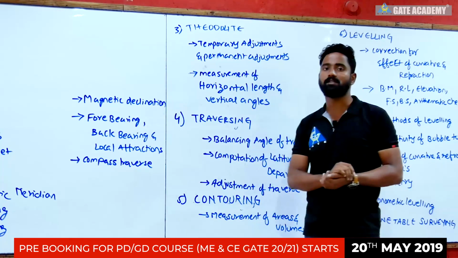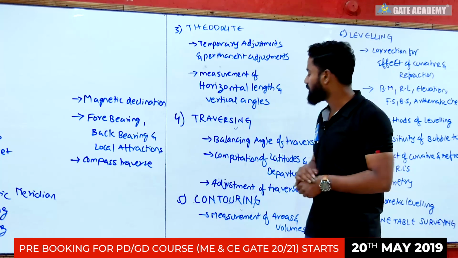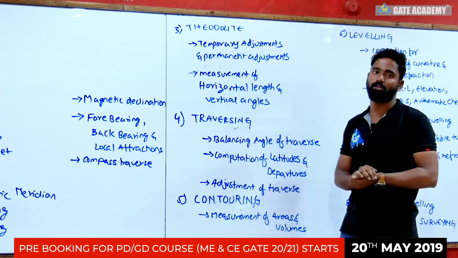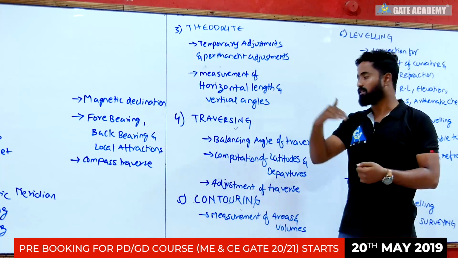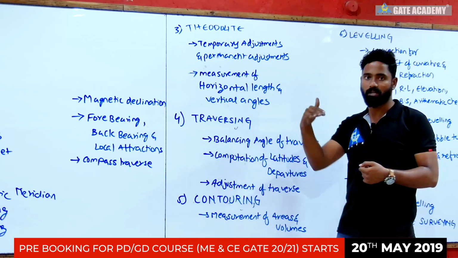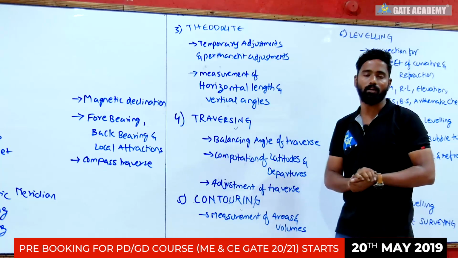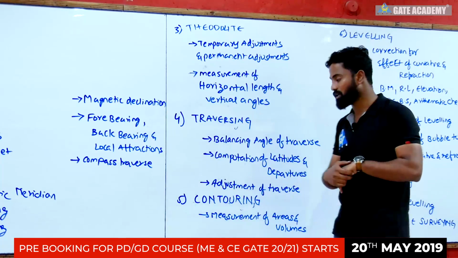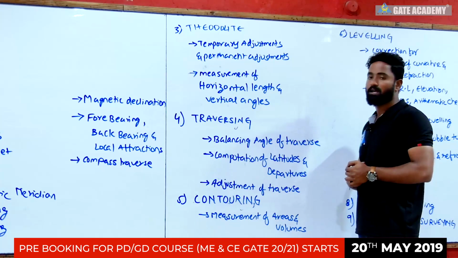For a closed traverse, the sum of latitudes and the sum of departures both must be 0. So, what is latitude? What is departure? Latitude is the line's projection with respect to the north south plane, and departure is its projection with respect to the east west plane. For a closed traverse, the summation of latitudes and the summation of departures is equal to 0.